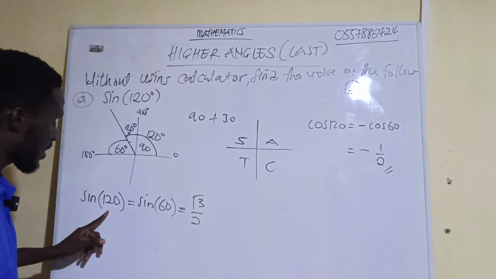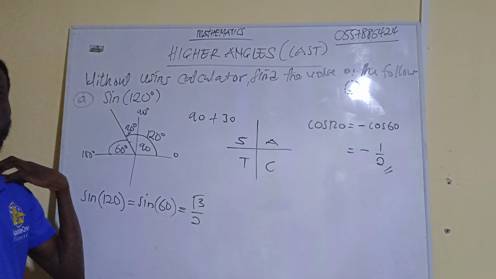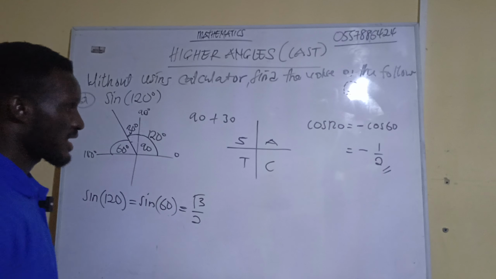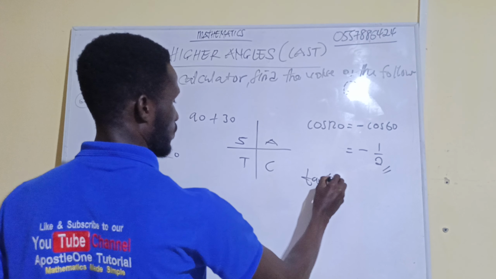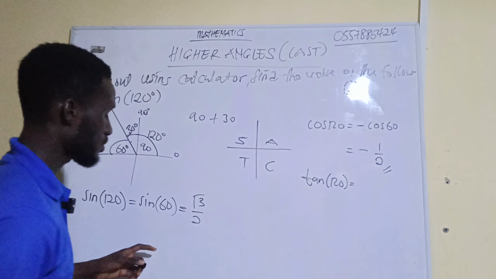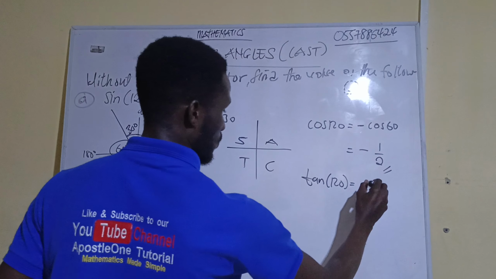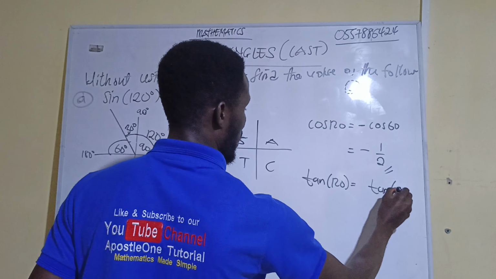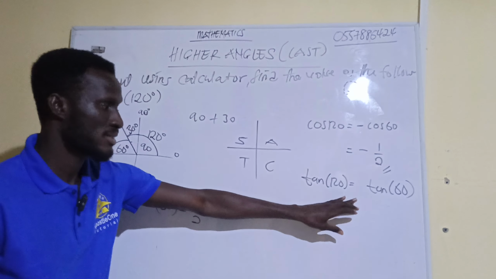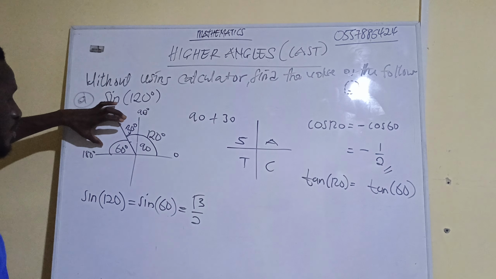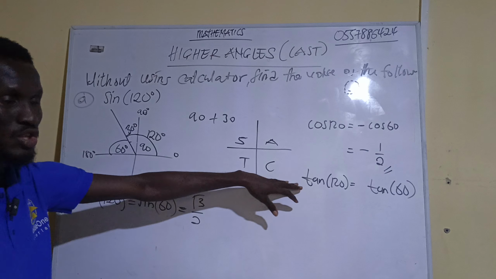The answer for sine 120 is the same as sine 60, which is the same as what? Root 3 out of 2. Now, if I want to find tan 120, since we've been able to find the acute angle along the x-axis, it is the same as what? Tan 60. But why tan 60? 120 is in the second quadrant, and in the second quadrant, tan is supposed to be negative.